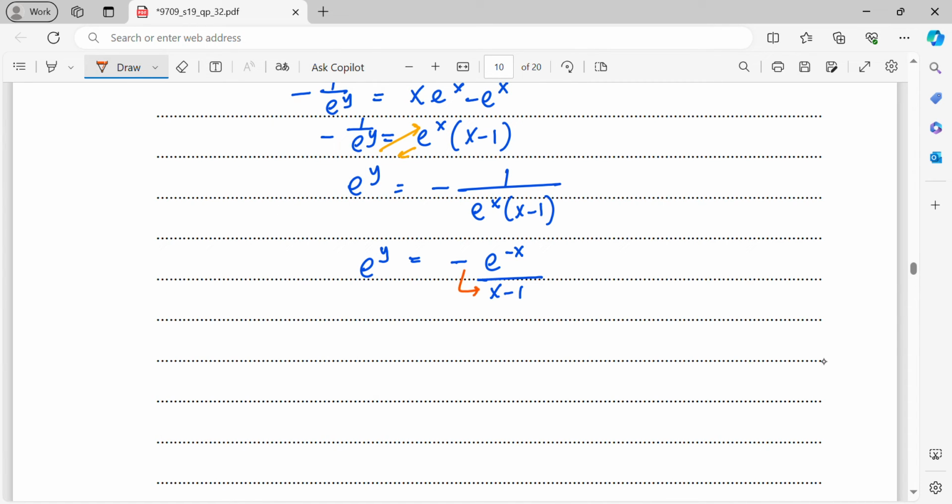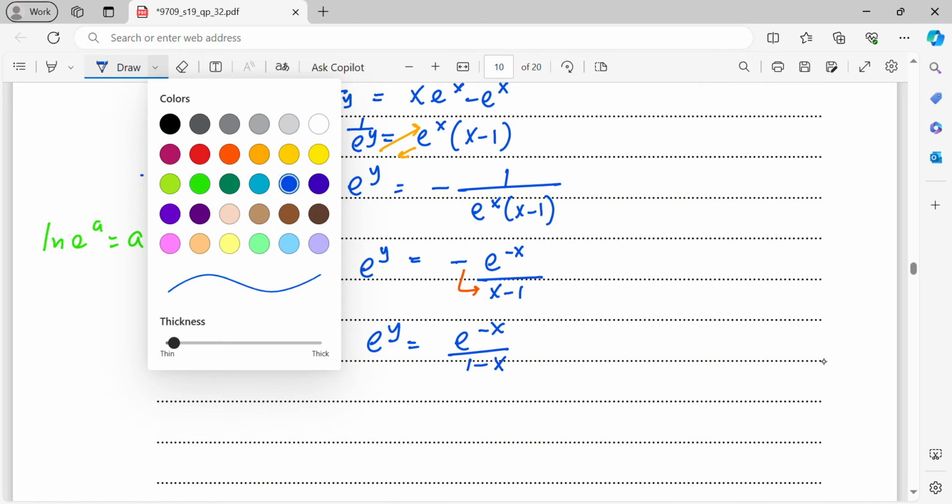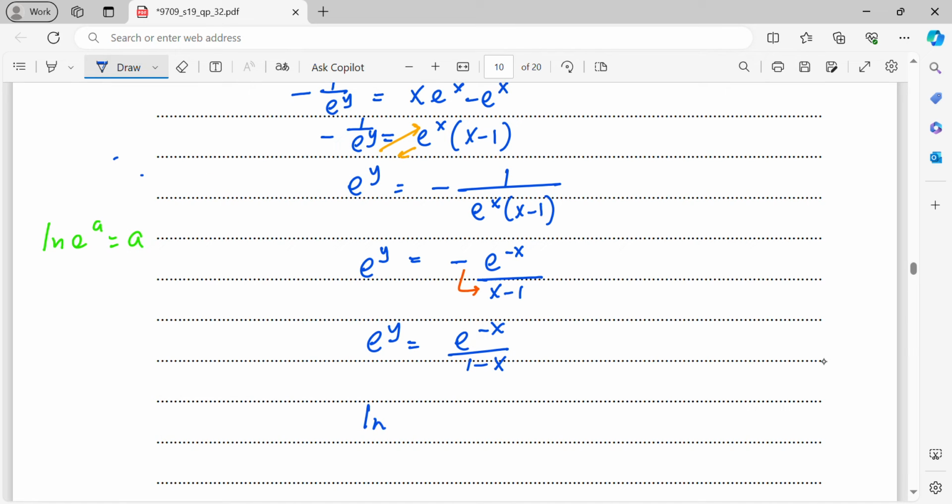So then it will become e^y equals e^(-x) over 1 minus x. So then you take ln both sides because ln e^a is a. So this is the way to eliminate. So ln e^y will be ln of e^(-x) over 1 minus x.